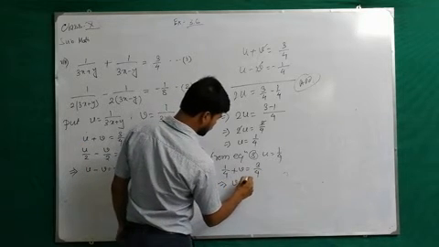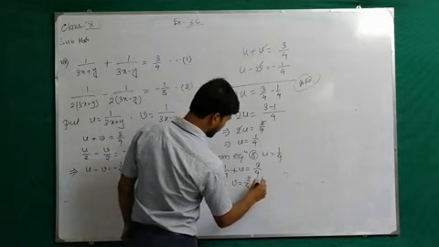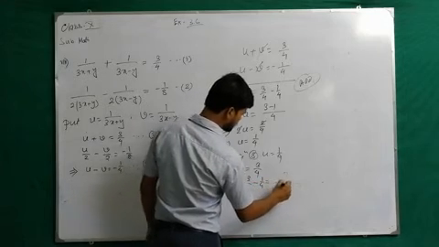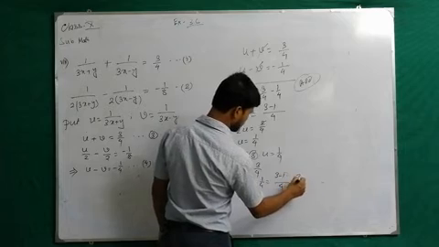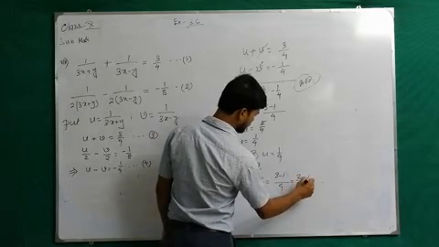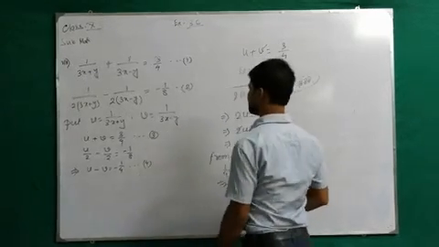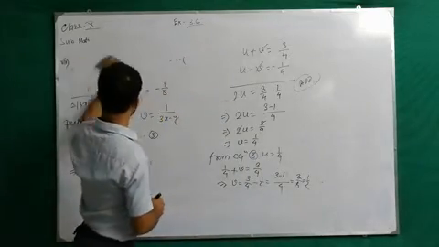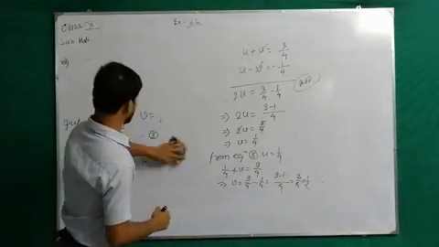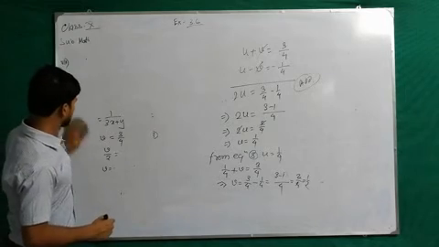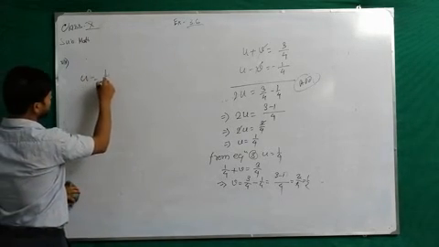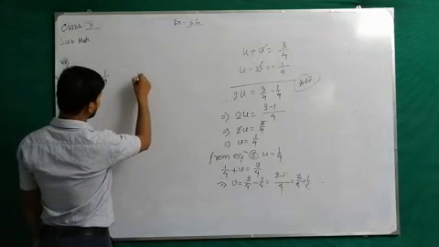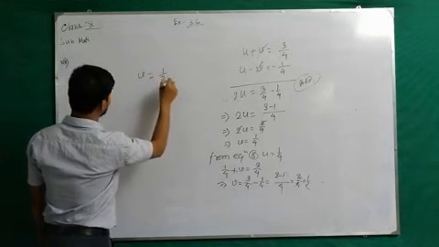That means v equal to 3 by 4 minus 1 by 4, which is equal to, 4 will be the LCM, 3 minus 1, that is equal to 2 by 4. Means 1 by 2. So finally, we have the value of u as 1 by 4 and value of v as 1 by 2.